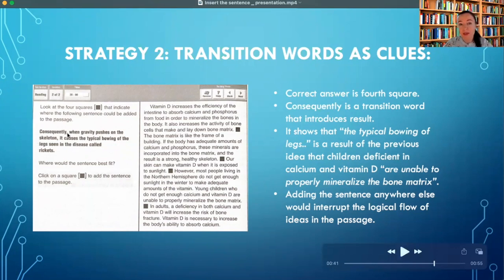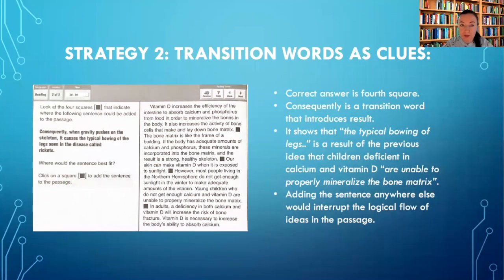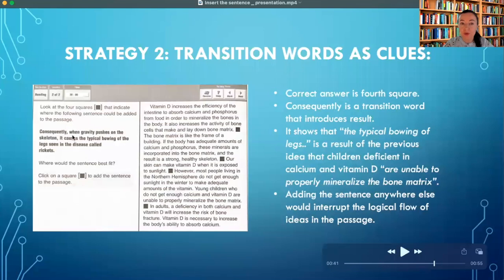I know that the word consequently is a transition word that introduces the result. So everything that follows after consequently is the result of what was happening before. So let's have a look at this sentence a little bit closer, the highlighted sentence. Consequently, when gravity pushes on the skeleton, it causes the typical bowing of the legs seen in the disease called rickets.